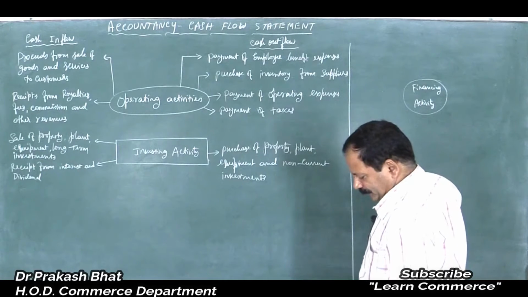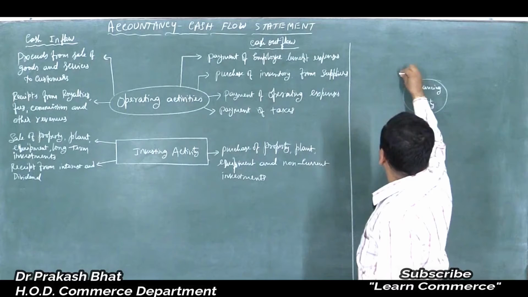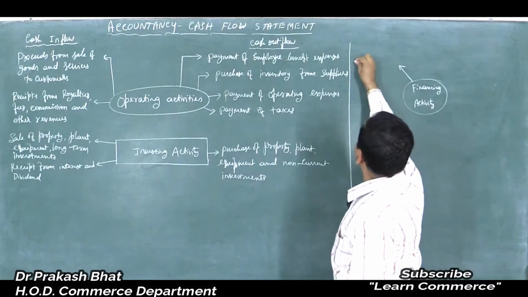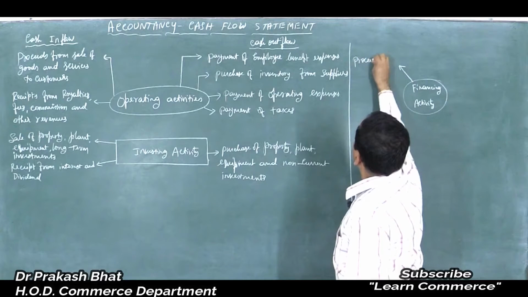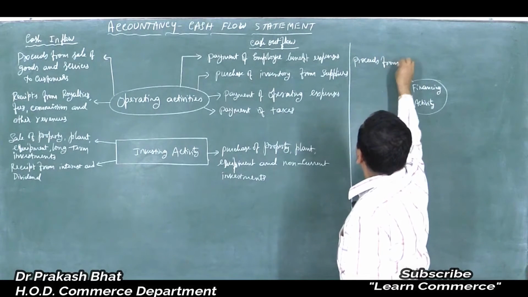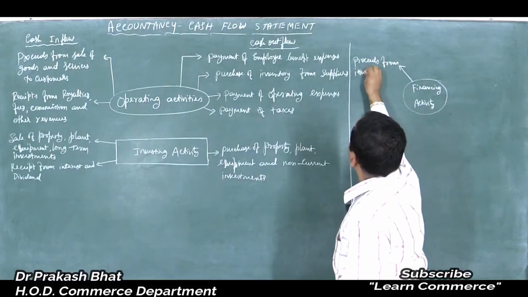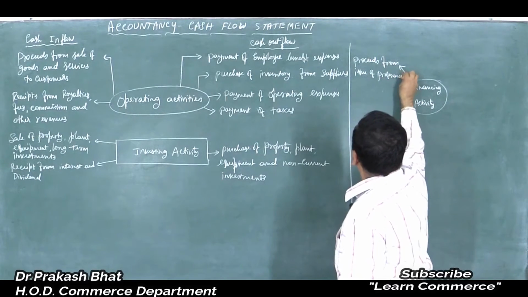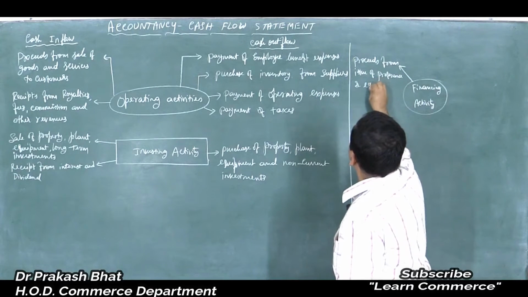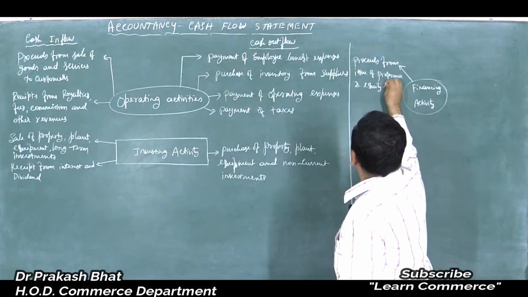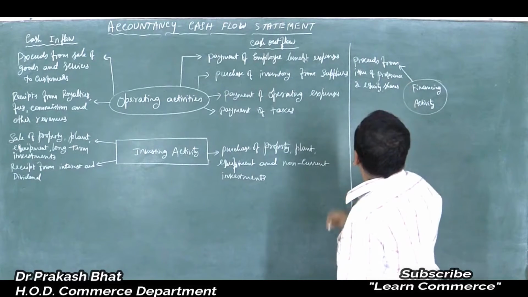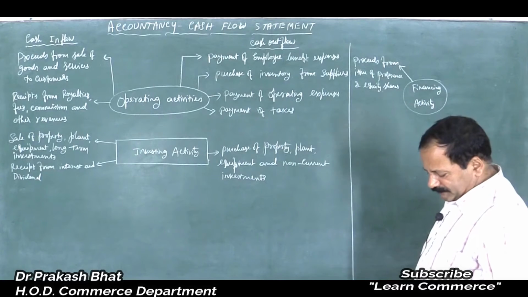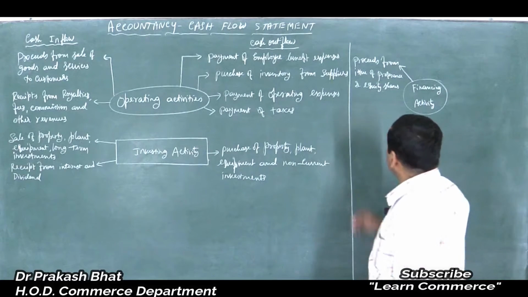Proceeds from issue of preference or equity shares. The second one is proceeds from issuance of debts, bonds.